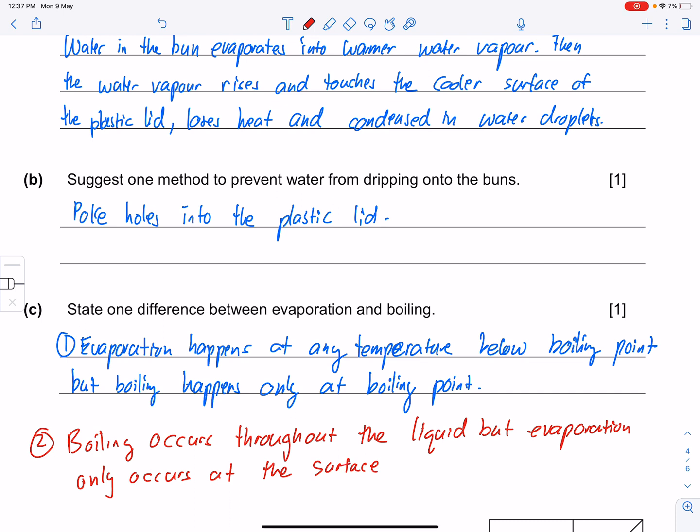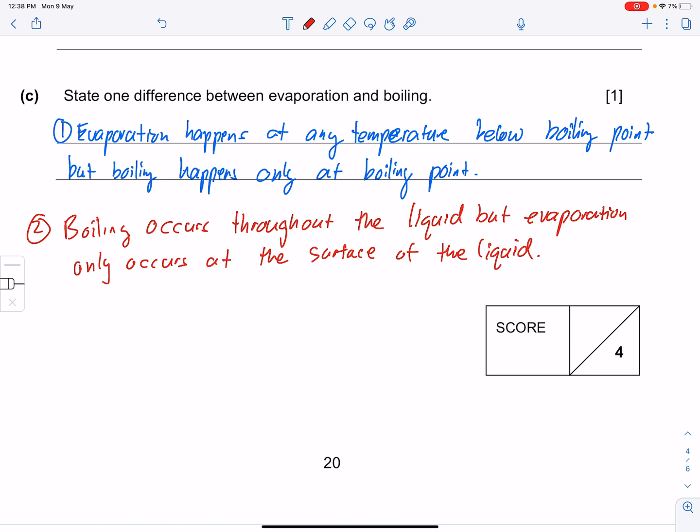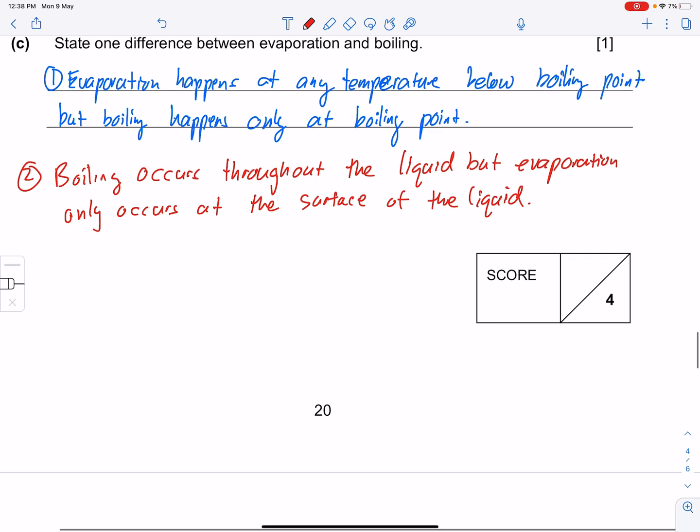Please write both of these down. If you are missing one, write the other one. I want all annotations to be written down.